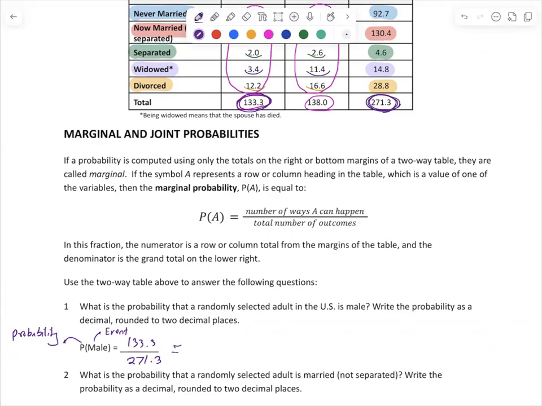If I do a division, it is about 0.49 or 49%. So if I randomly select an adult in the US, what is the probability that person is male? It is 49%, right?